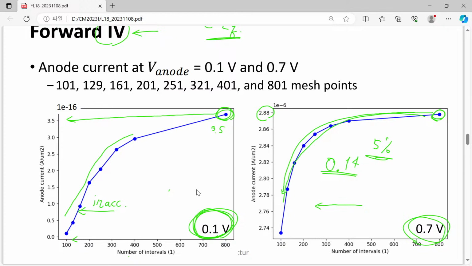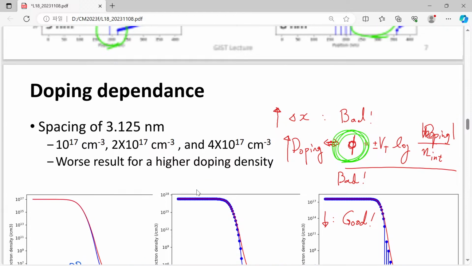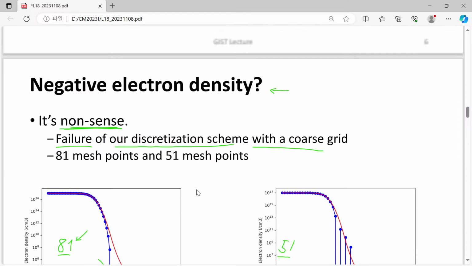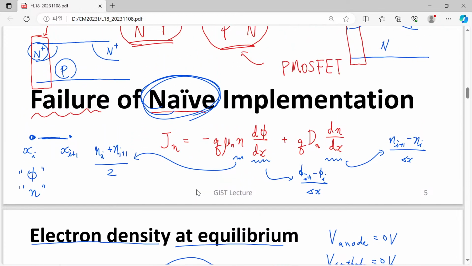This is important for realizing the weakness of our current implementation. So what is the current implementation? The current implementation simply means that we have introduced linear approximation to our physical quantities, electron density and electrostatic potential.